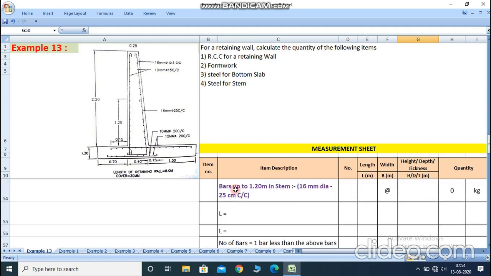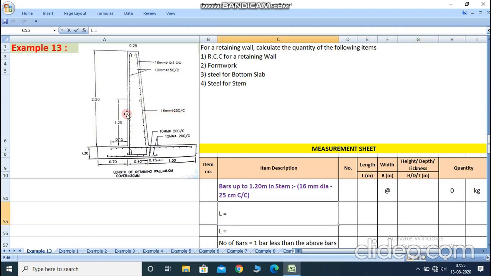Now we calculate the bars up to 1.2 meter, up to here. See, this hook is provided. Here 16 mm dia, 25 mm center to center distance. So let's start calculating the length.